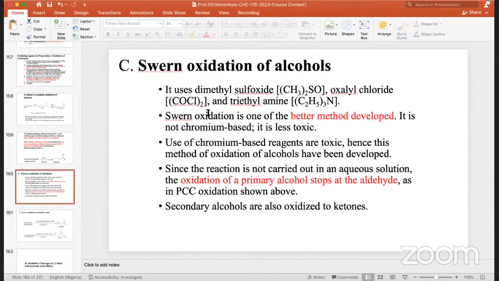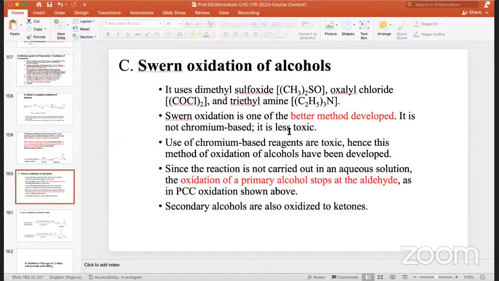Now, the advantage of this method, utilizing it in oxidizing alcohols, when our target is to obtain the carbonyl, is that if you look at all the reagents, it is not a chromium-based reagent. Chromium compound is totally absent. And that's what lessens its toxicity, which one will have experienced utilizing chromium compounds. So it's a better method that has been developed where chromium-based reagent is not utilized.